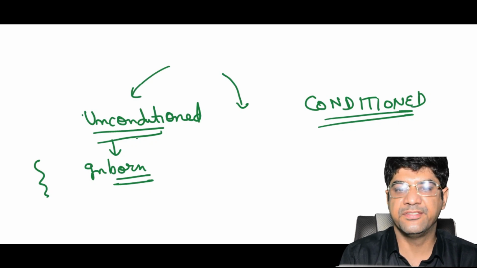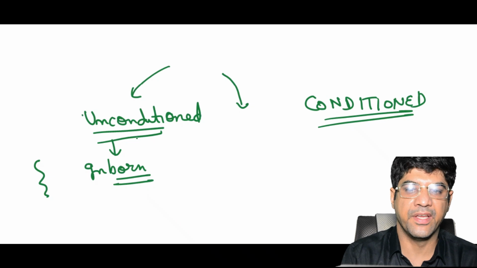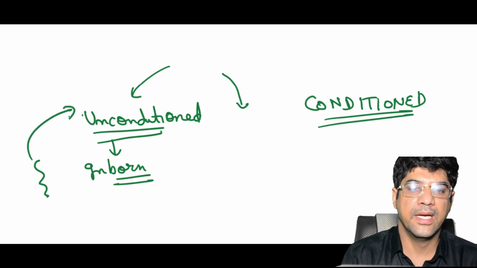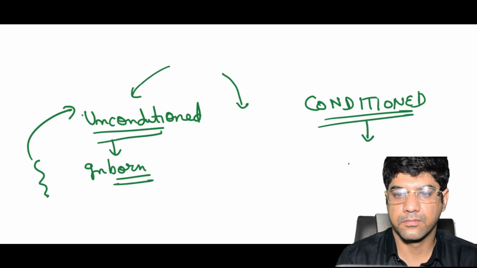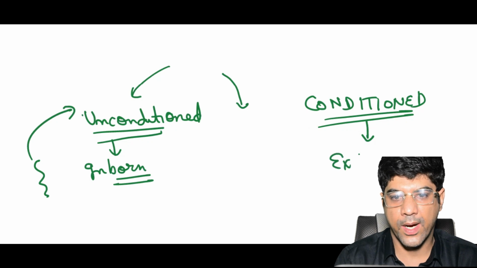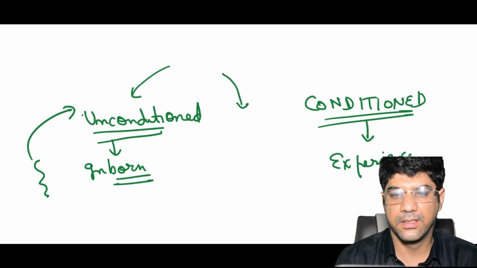So what type of reflex is responsible for salivary secretion when you place food in your mouth? It's the unconditioned reflex. The conditioned reflexes are acquired through experience and require prior learning.